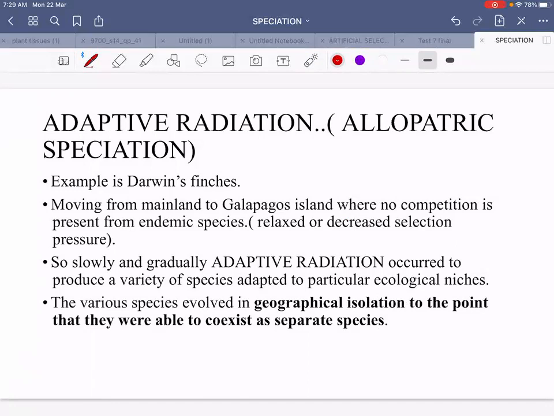the kinds of finches and their beak sizes and shapes were different on the Galapagos Islands as compared to the mainland, because of course these two islands differed in the kinds of nuts and fruits, and the consistency, shapes and sizes of the fruits present on these two different islands caused the beaks of these birds to become different over a period of time.